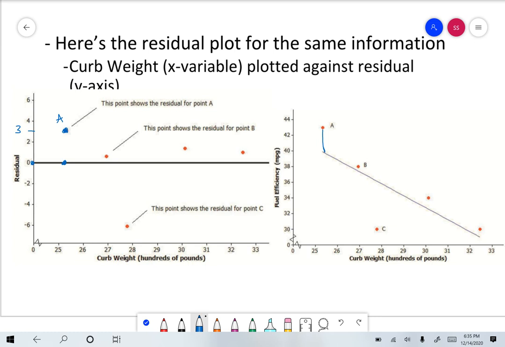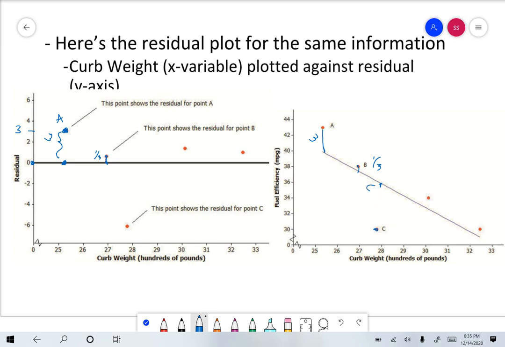So that's about 3 miles per gallon error, meaning it was a positive residual and not that big. The residual for point B: here we have a curb weight of about 2,700, and the error is something like 1/3 of a mile per gallon. So it's really small on this one. And then C was the huge error here.